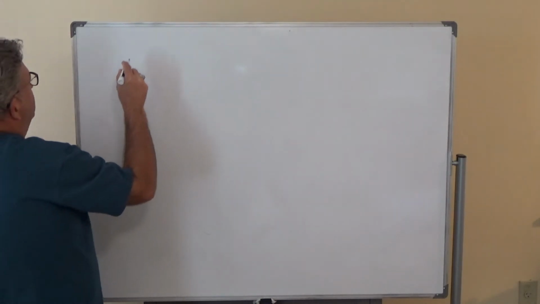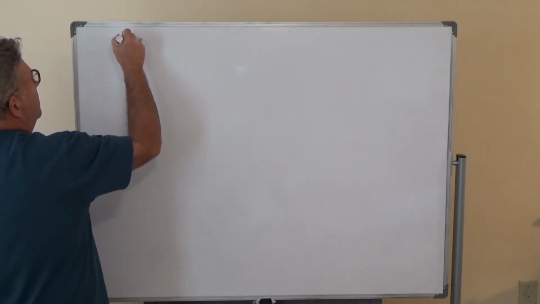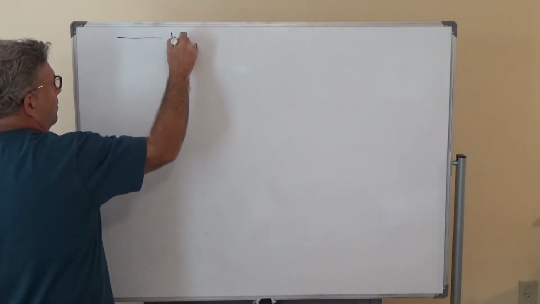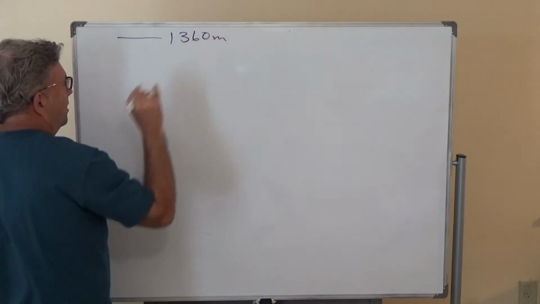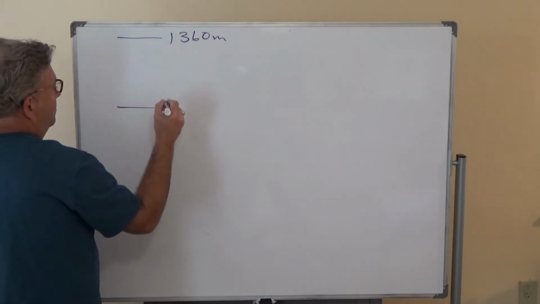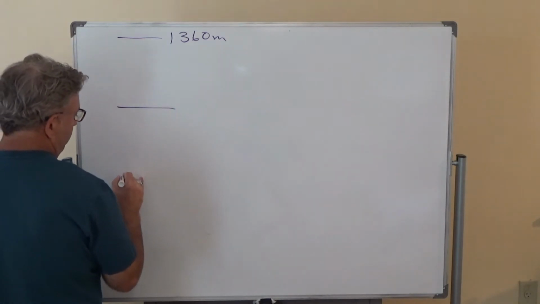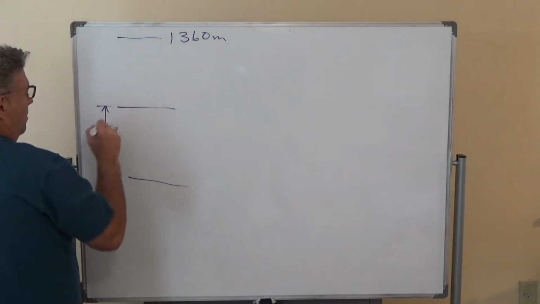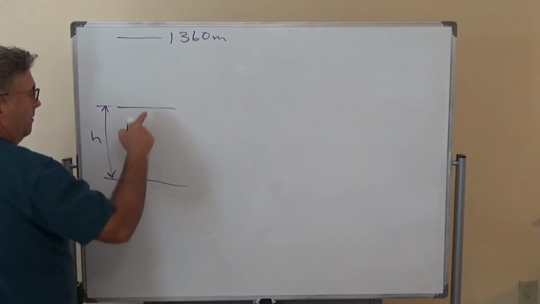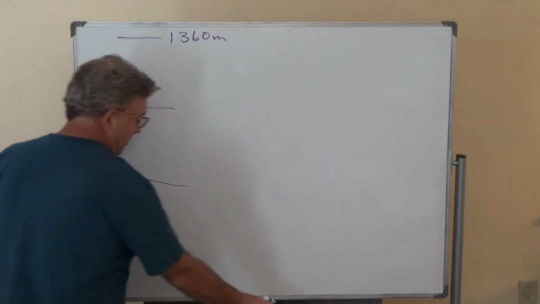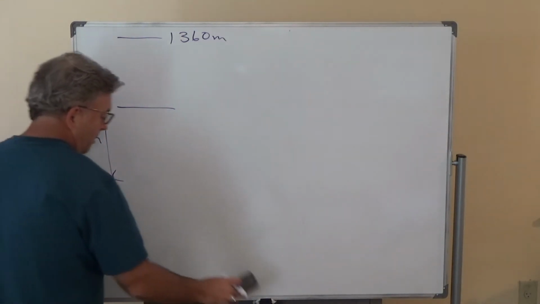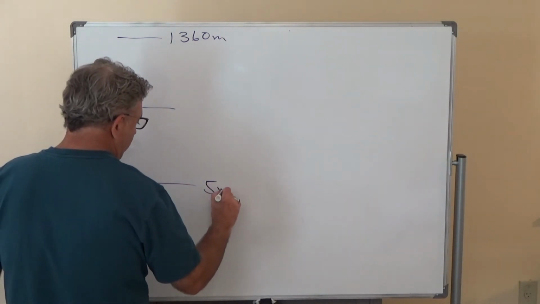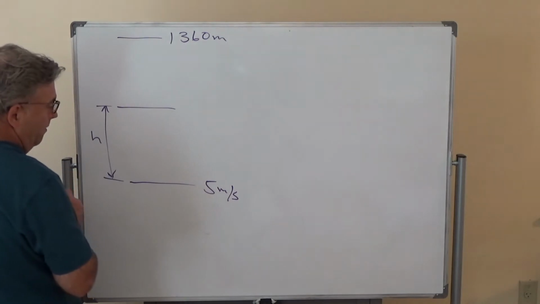Okay. So here he is up at 1,360 meters, whatever it is, right? Then somewhere, I'll call this H, he opens the parachute and starts to descend. And you want the final velocity in my problem to be 5 meters per second right here.